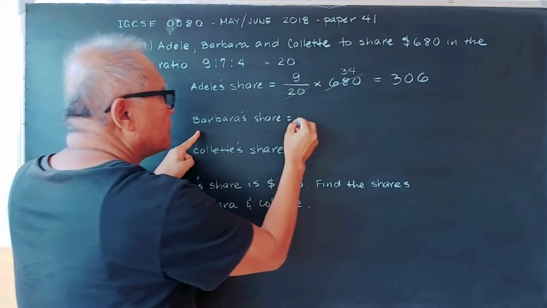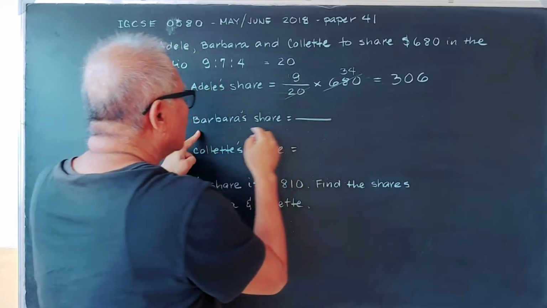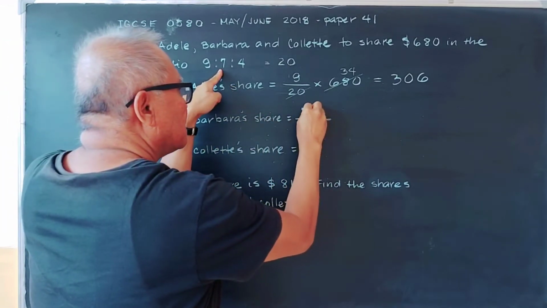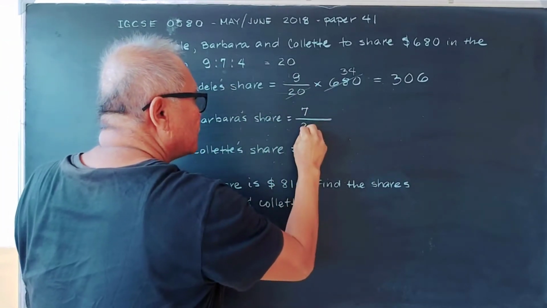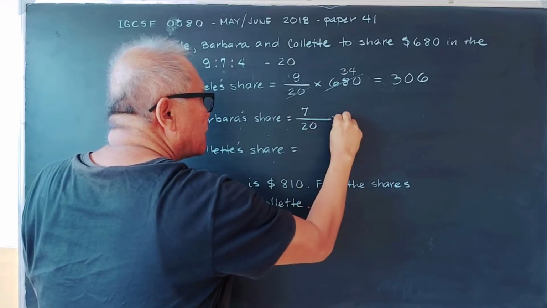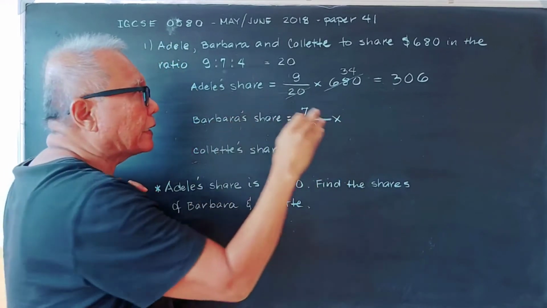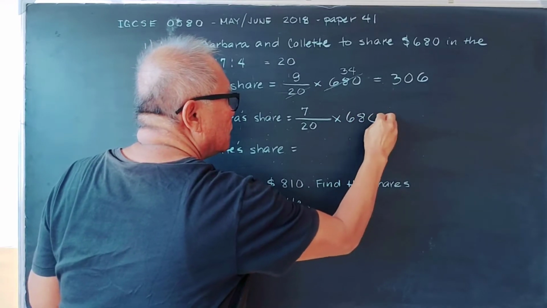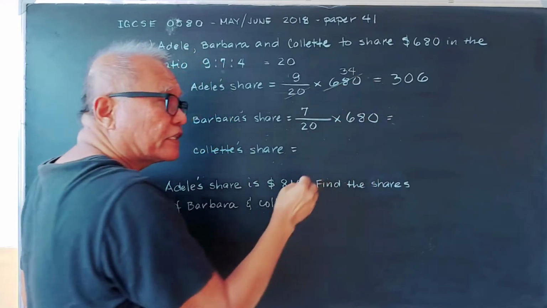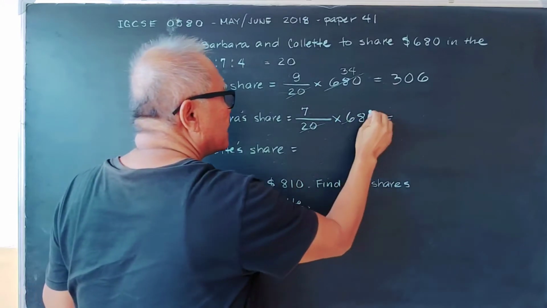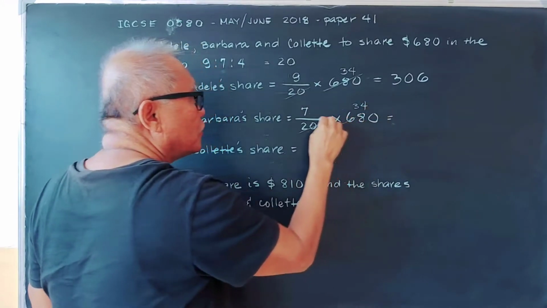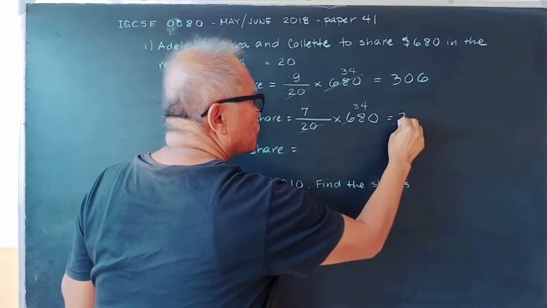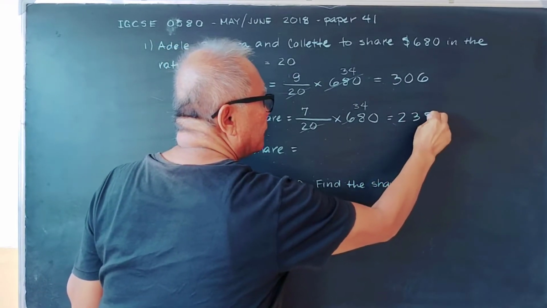For Barbara, the 7, that is 7 over the sum of the ratio times the total, 680. If you already have the 34, you just multiply 7 times 34, which is $238.